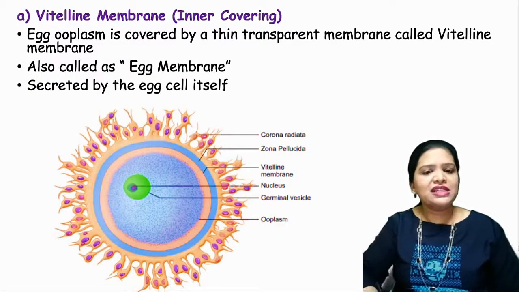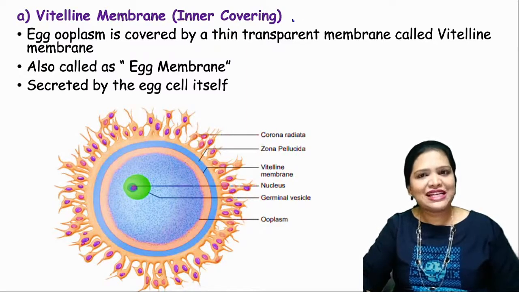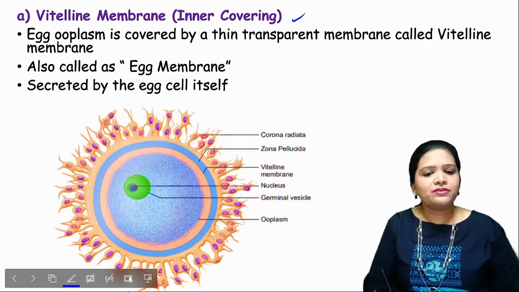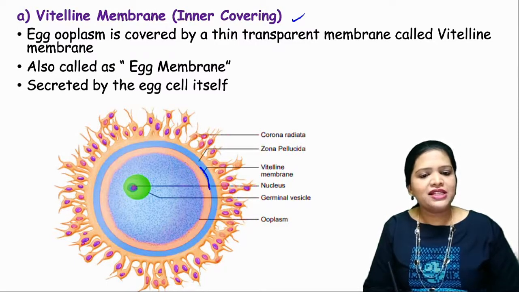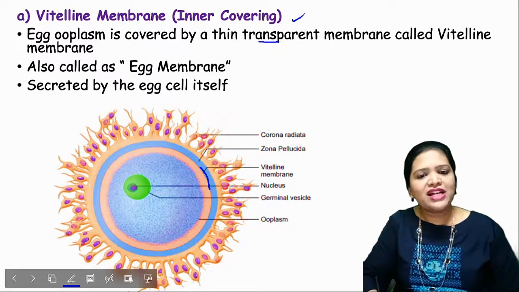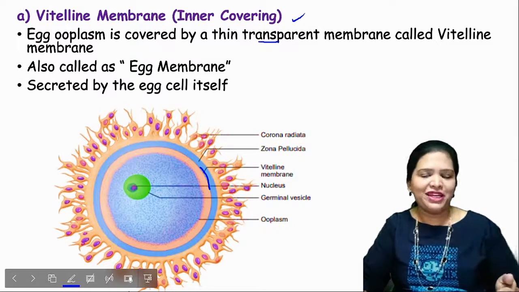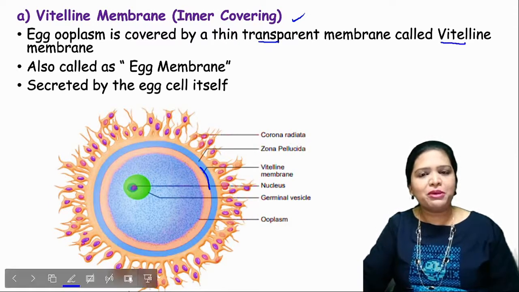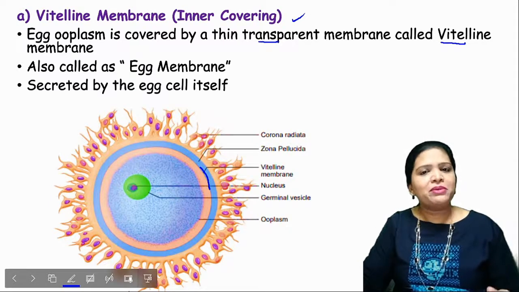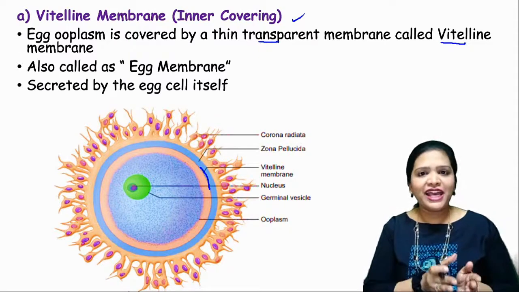The first inner covering is called vitelline membrane. Here, this egg ooplasm is covered by a thin transparent membrane. Transparent means the light can penetrate through it. This is called vitelline membrane. It is produced by the egg itself.